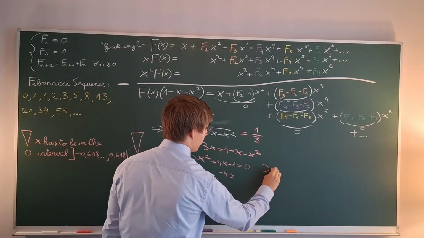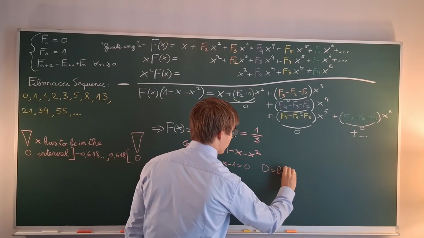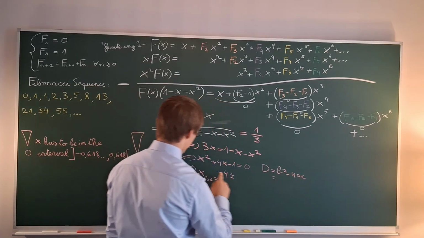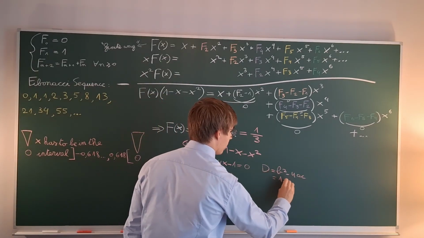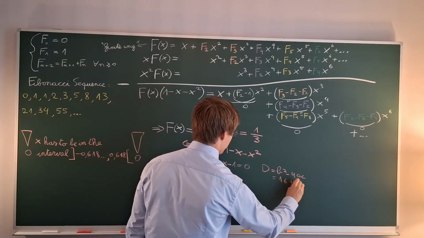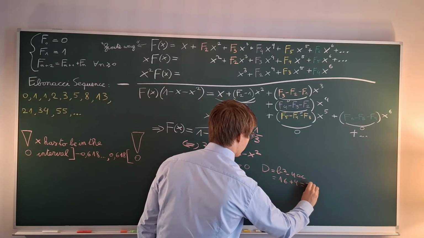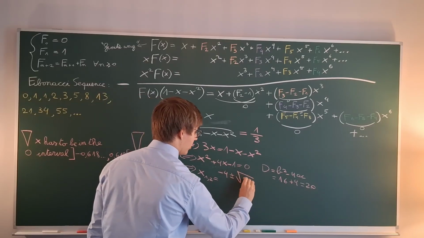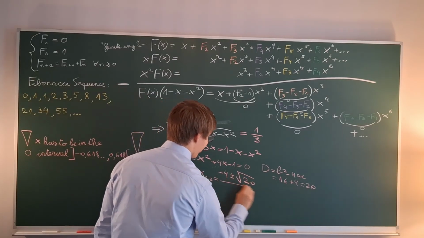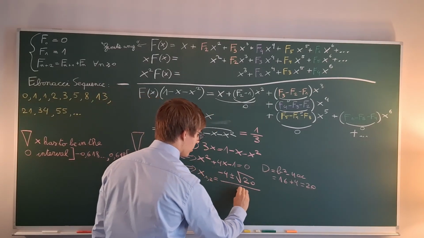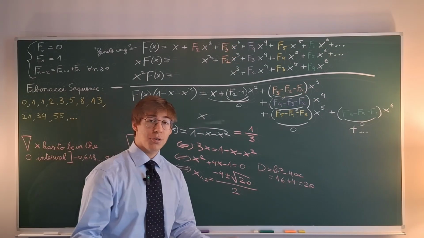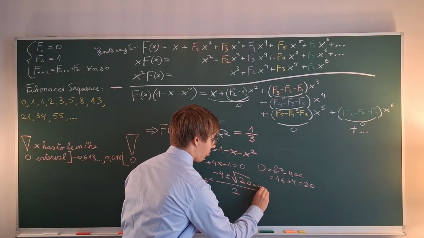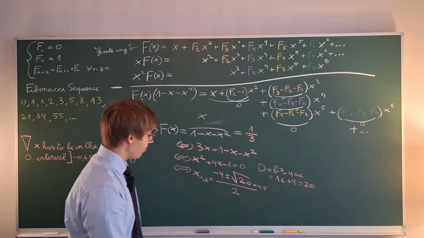So the discriminant equals b squared minus 4ac, which is 16 plus 4. So that's 20. So the square root of 20, divided by 2a, which is 2. Now notice that we can even simplify this fraction, since 20 is equal to 4 times 5.